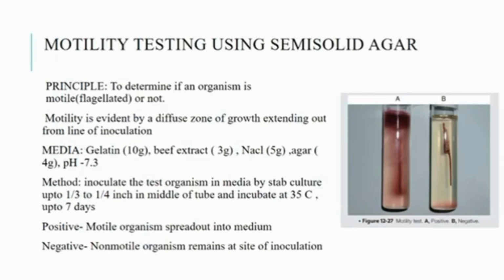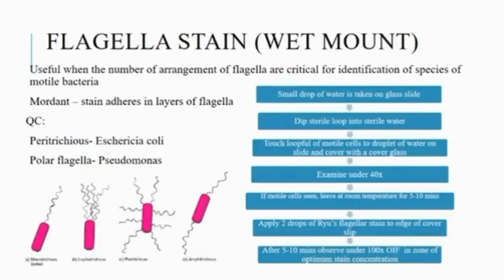First, we inoculate the test organism in the media by stab culture up to 1/3 to 1/4 inch in the middle of the tube and incubate at 35 degrees Celsius for up to 7 days. If the motile organism spreads out in the media, then it is positive. If it remains at the site of inoculation, then it is negative.